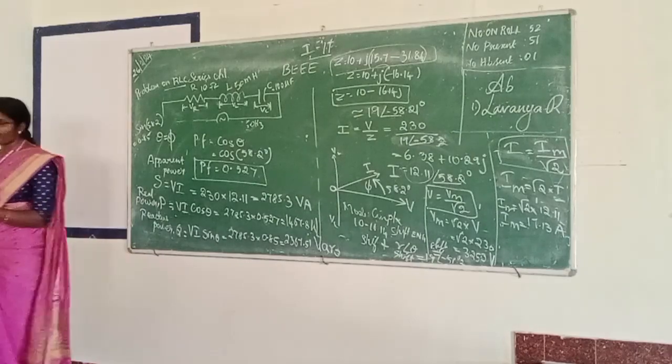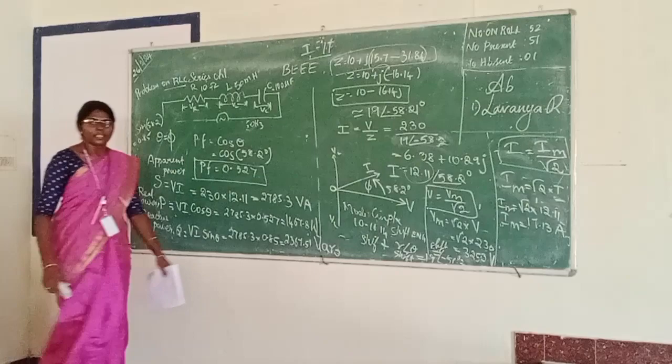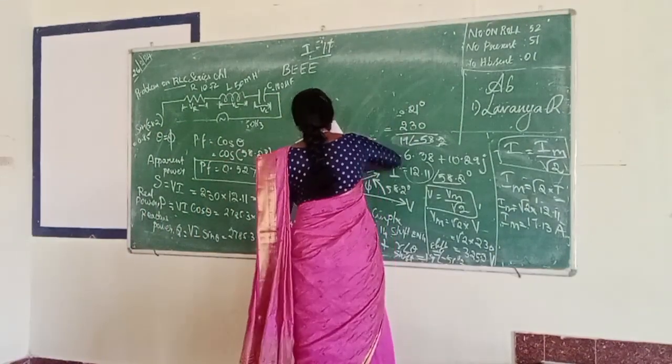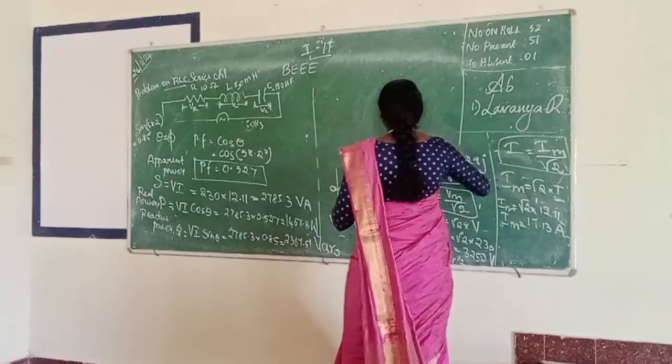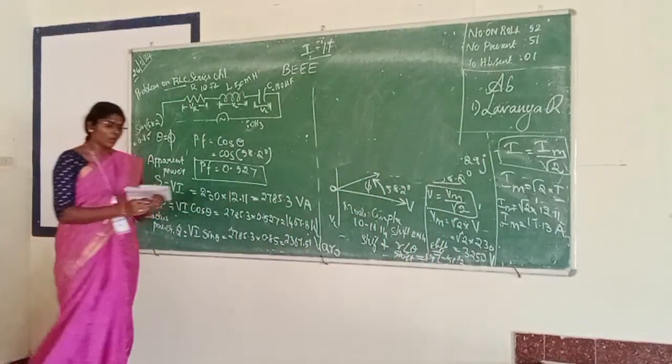Next what you have to find out is the voltage across the resistance VR. What is the formula?